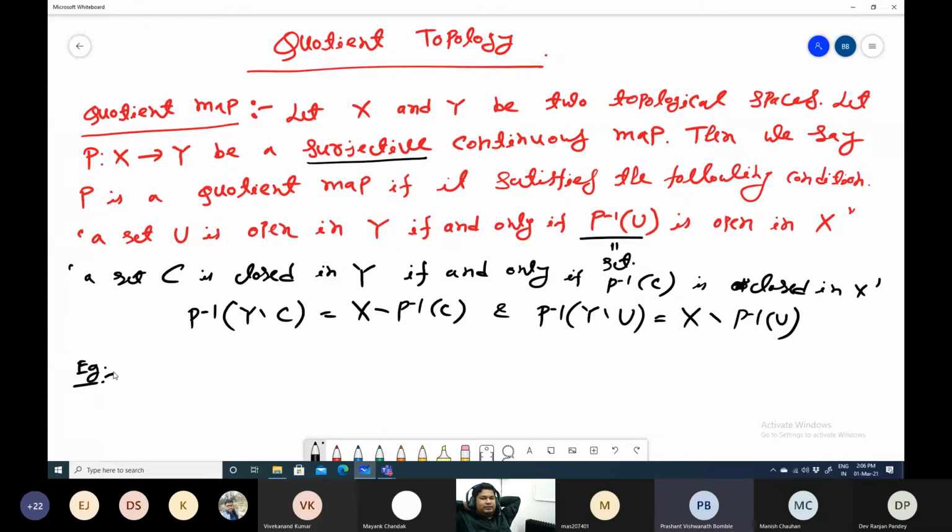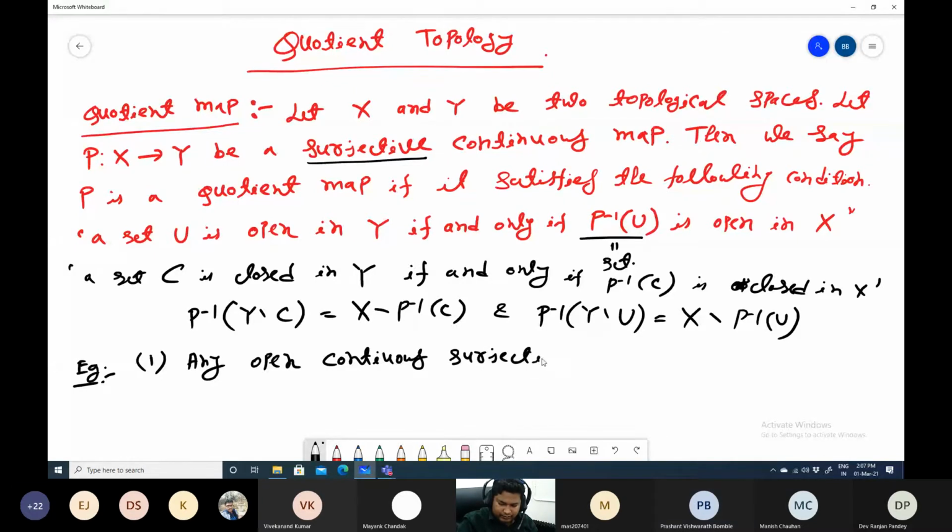Any open map, right. So that is one. Better to write open continuous map, but it must be onto. Good. A continuous surjective open map is also a quotient map.